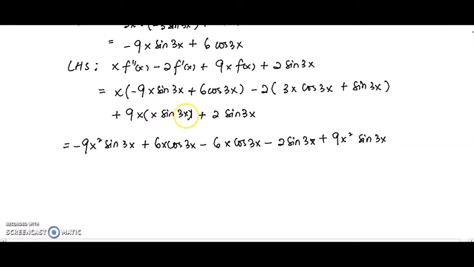This is the term from here. And plus the last term, that is your 2 sine 3x. So let's see which term can be cancelled off, can be simplified.